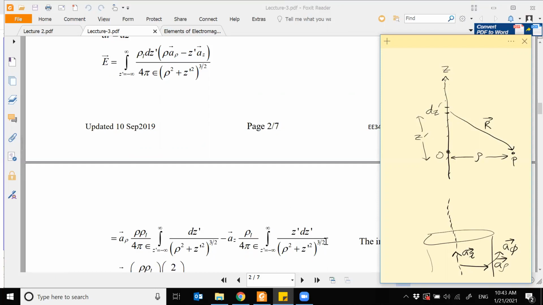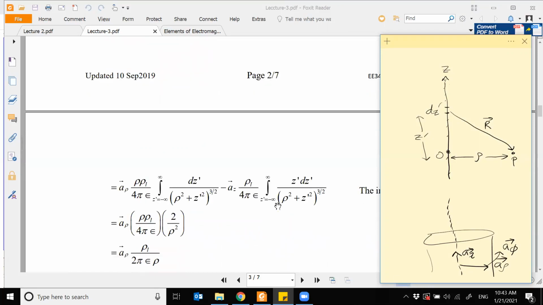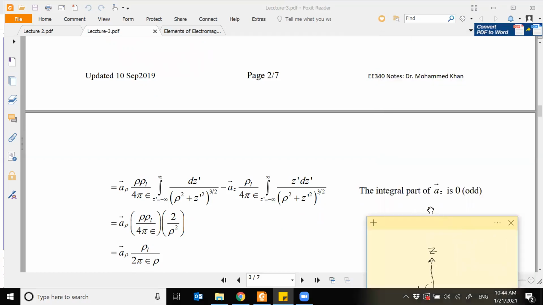For this one, it is minus z dash a z, so the minus is here, z dash dz dash, the remaining terms are here. So you just do the integration of these two. If you do the integration, you will see that the a z part will cancel. You will get this answer as 0.